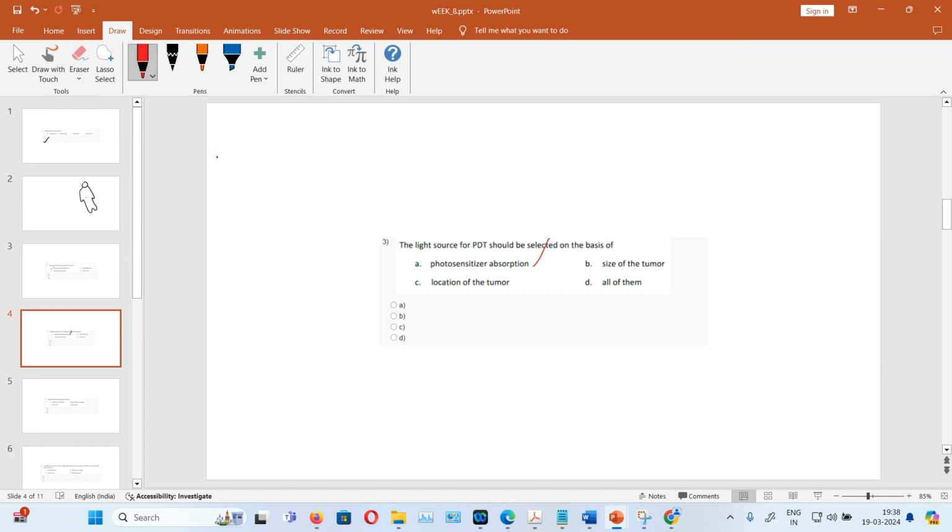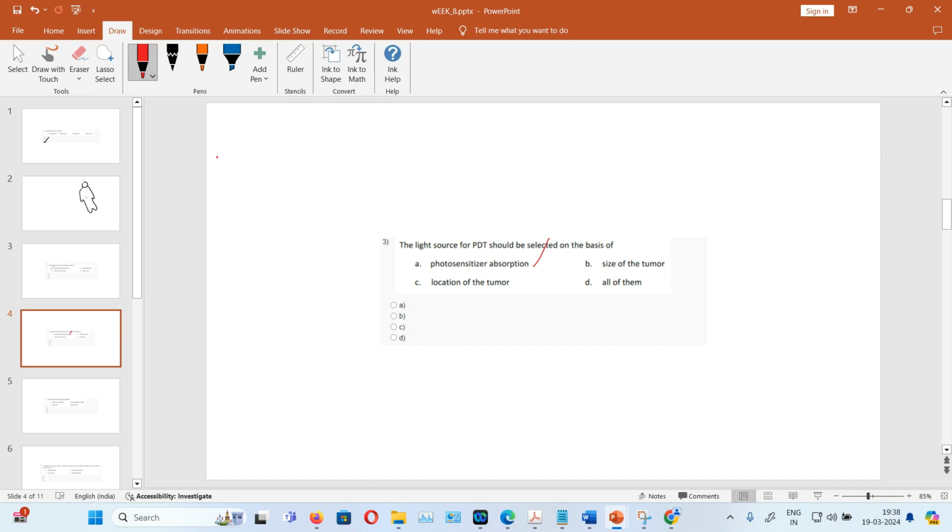Now, the size of the tumor. The source should be capable of giving the proper wavelength of light to the proper areas of the tumor. If the tumor size is small, you can use a small-sized source so that it will not affect other parts of the body.